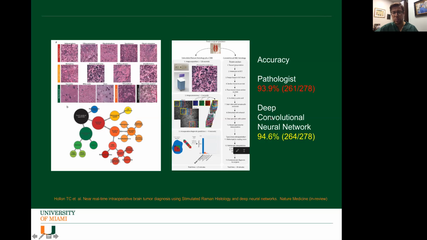And with the deep neural network, it was 95%. And I would argue that the neural network was actually handcuffed because we did not provide any information to this, like the age of the patient, the location of the tumor, intrinsic, extrinsic, intraaxial, extraaxial. And if you could subsegment those samples very easily with that information, this accuracy would probably be even higher.